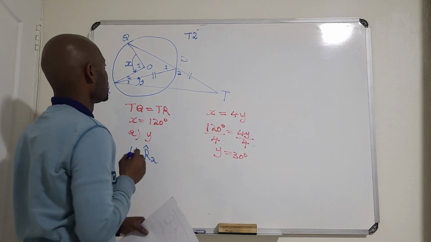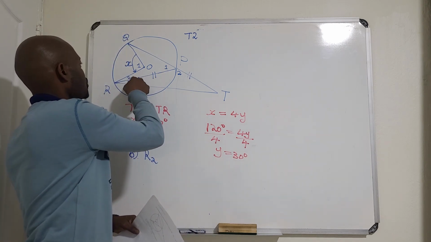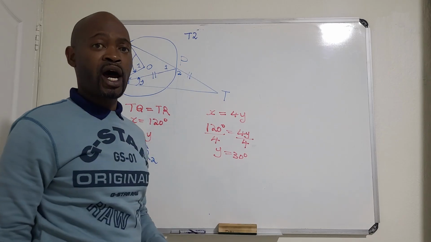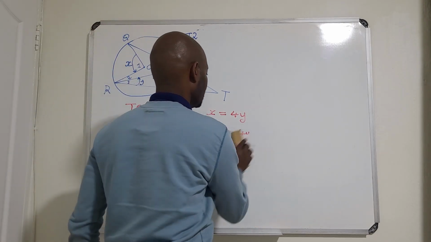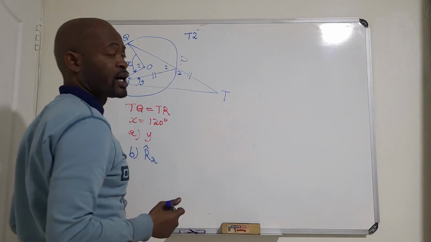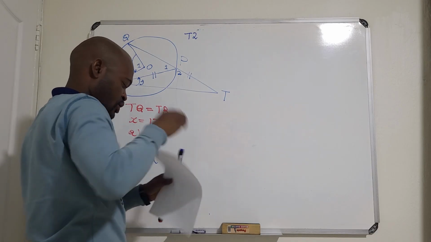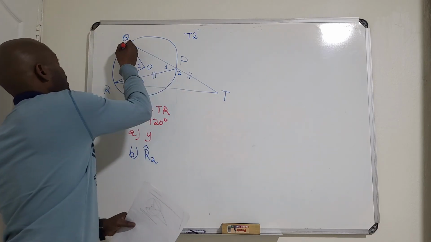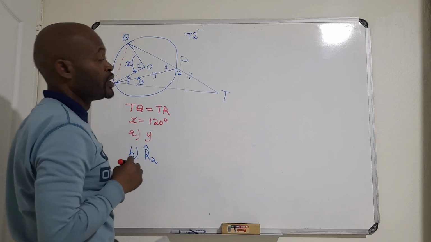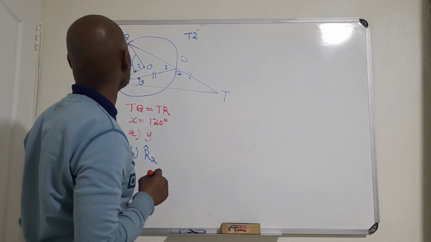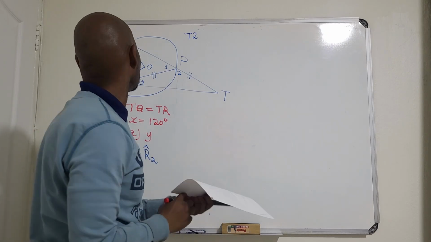angle R2. We must find this angle there, R2. Now, for us to find angle R2, we need to construct. We're just going to construct using a red marker. There, my line or my chord QR is constructed.